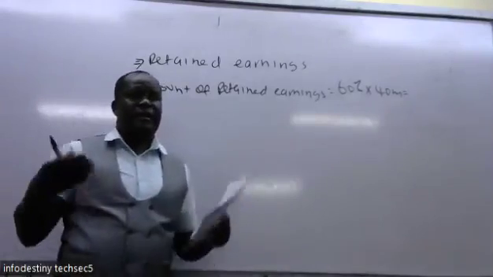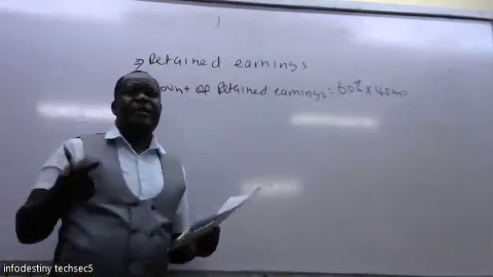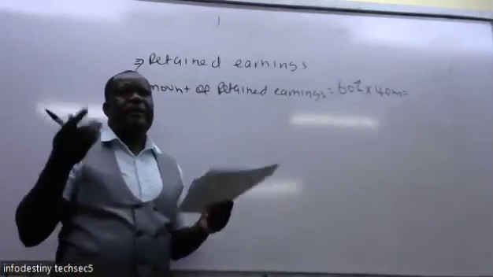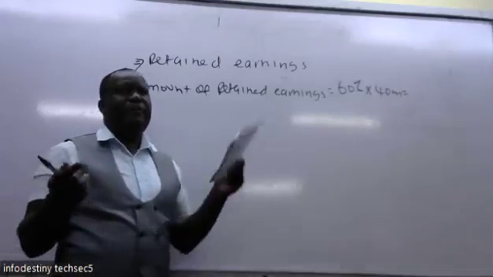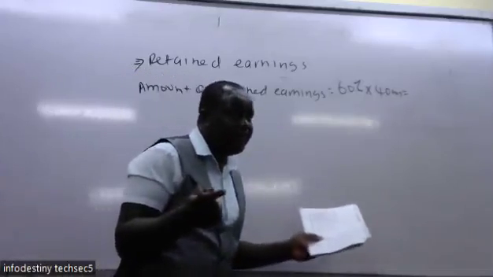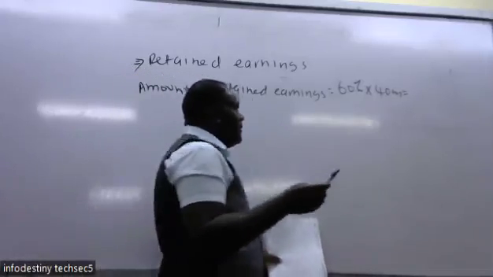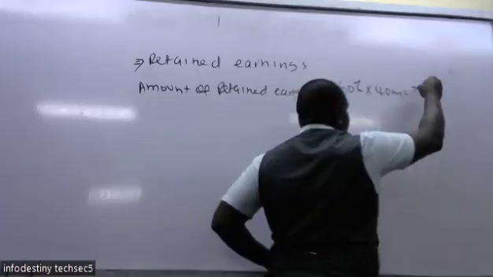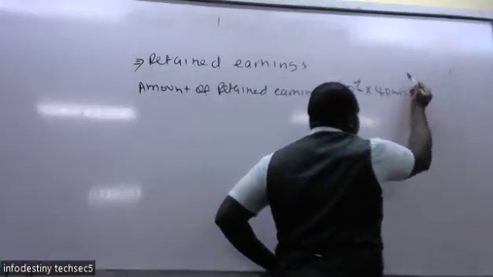So they are retaining 60%. Net income is the same as net profit. So that should be 24 million.